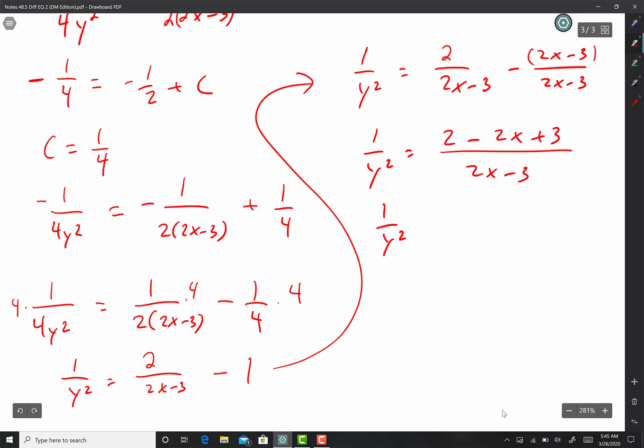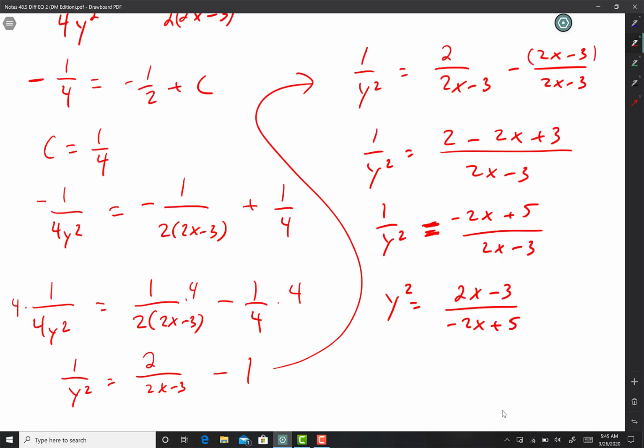So 1 over y squared equals 2 plus 3 is 5, so negative 2x plus 5 over 2x minus 3. And then since I have a rational, 1 over y squared and that over that, I can go ahead and just flip everything and they'll still be the same because I have an equal sign there, as long as I keep everything together. So I have y squared equals 2x minus 3 over negative 2x plus 5.